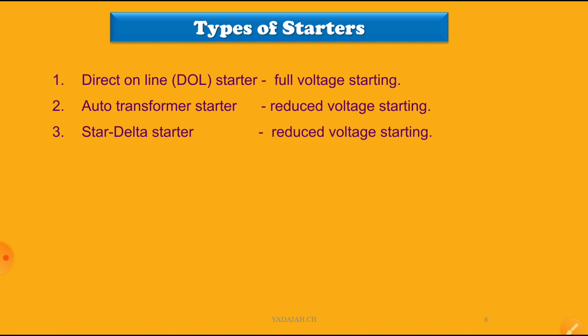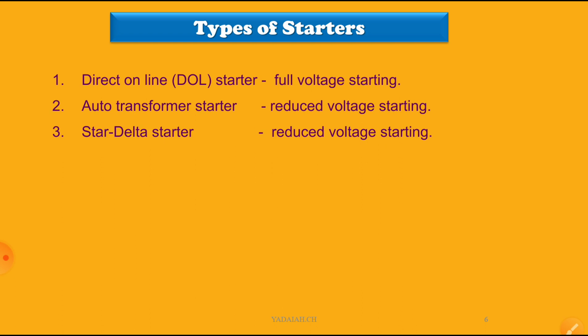Then after 5 to 10 seconds, the timer will switch the star connection to the delta connection automatically. Once it is connected in delta, the full 400 volts instead of the reduced 231 volts is given to the motor, which runs under normal condition. So, by using just these connections, we give reduced voltage to our motor.